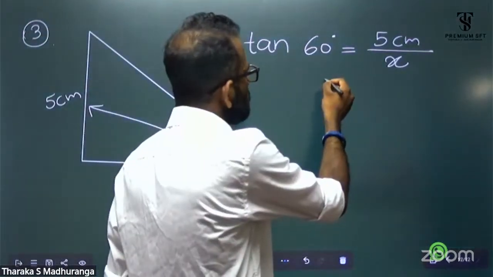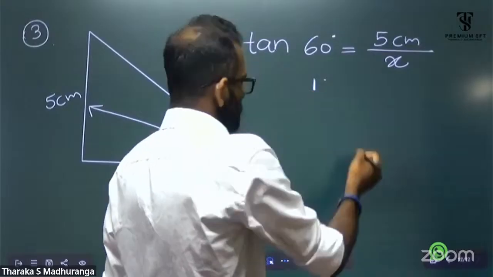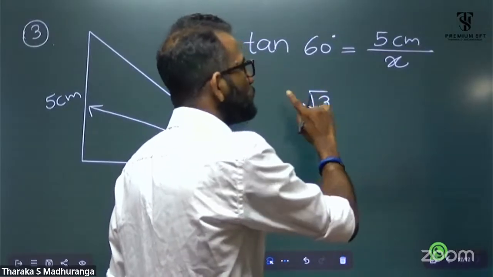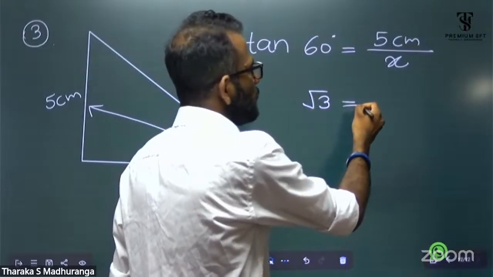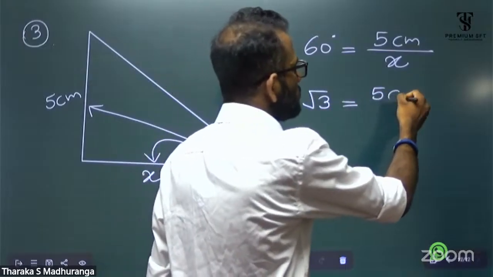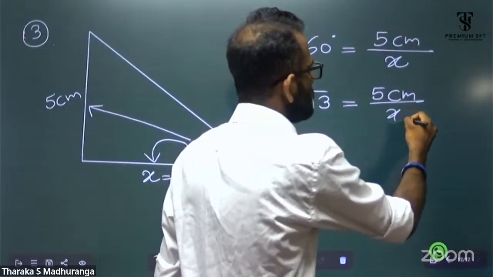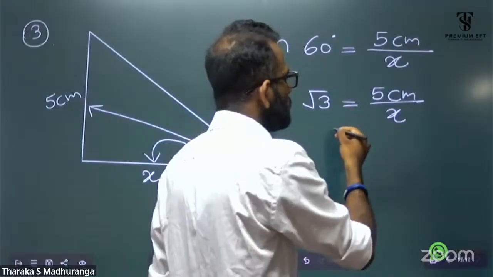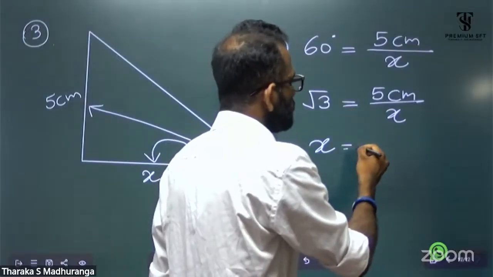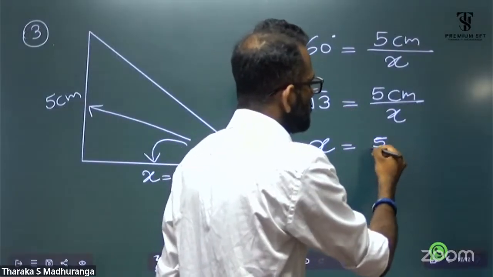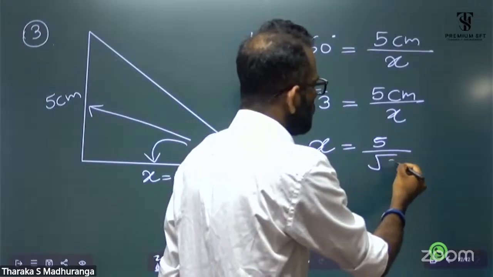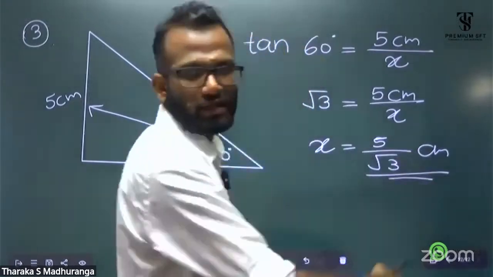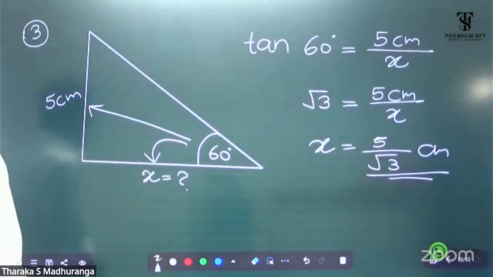It is 1 over root, no, tan 60 means root 3, according to the previous table. Now 5 centimeter over x. Now isolate x. X equals 5 over root 3 centimeter. You can get the decimal value as well.